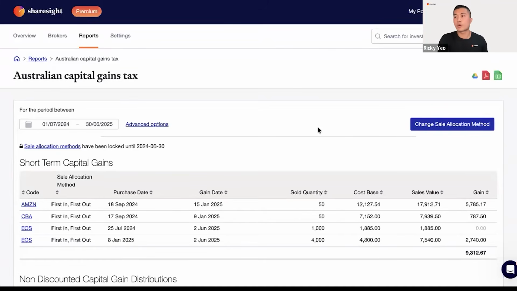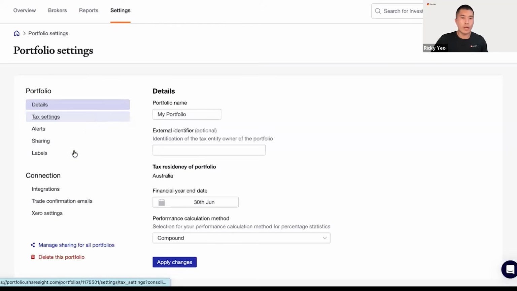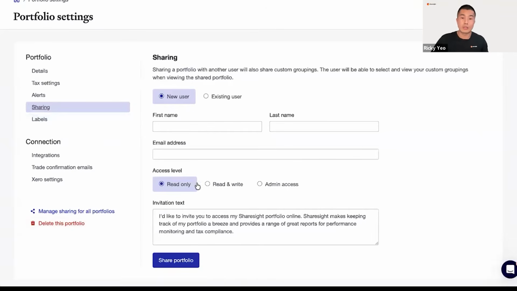Okay, so this is sharing with accountants. If you share your information with your accountant, do they see all your holdings? Yes. If you share your portfolio with your accountant, they will have access to all your information basically. Again, there are different access levels, so you can do read only or read and write.